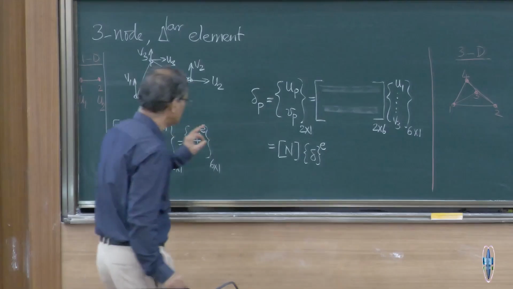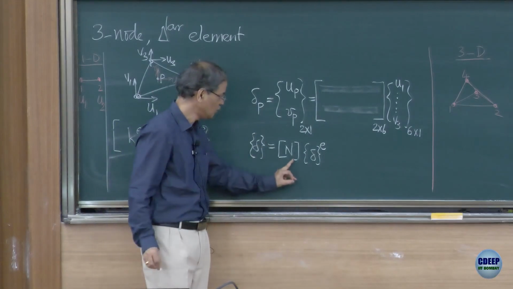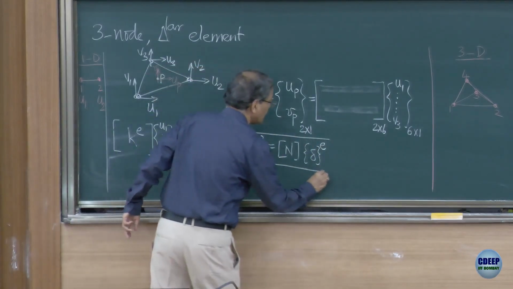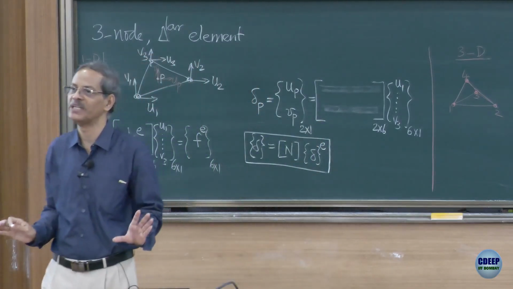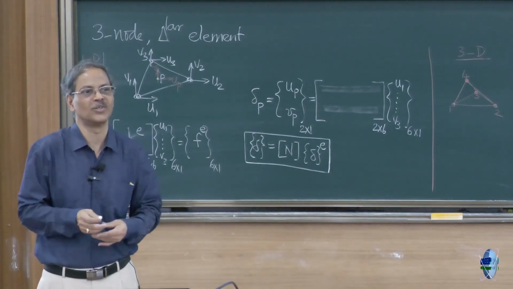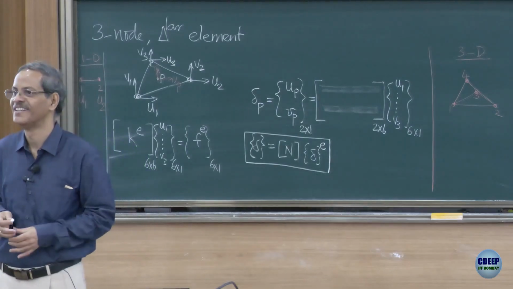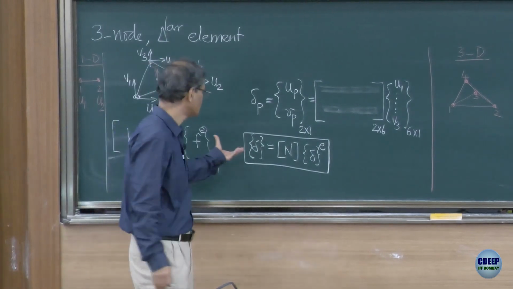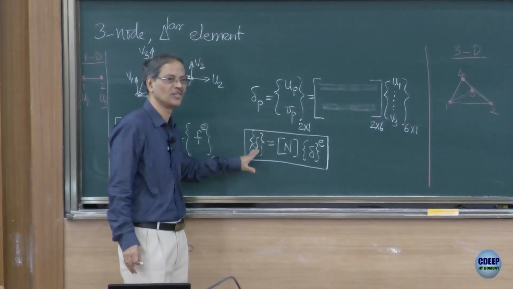We are going to say delta is equal to N into delta E. This is my first generic notation now. Even though I have introduced the delta term because it is commonly used for displacements in structural mechanics, if you are solving fluid mechanics or heat transfer or electromagnetics, you can give it an interpretation as temperature or whatever you want.